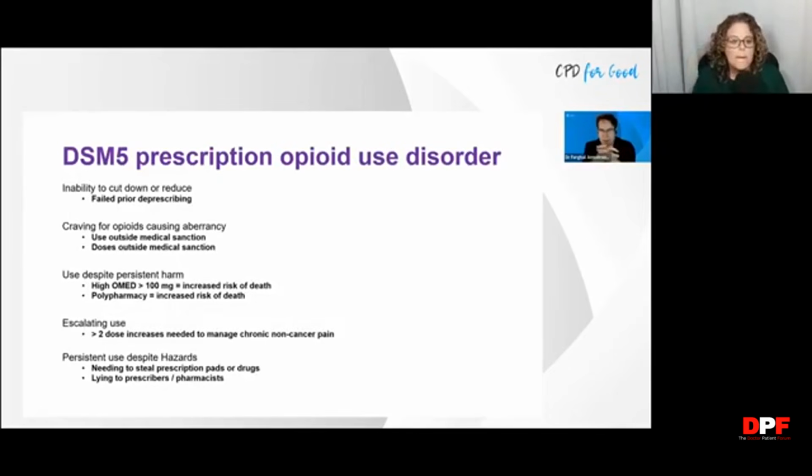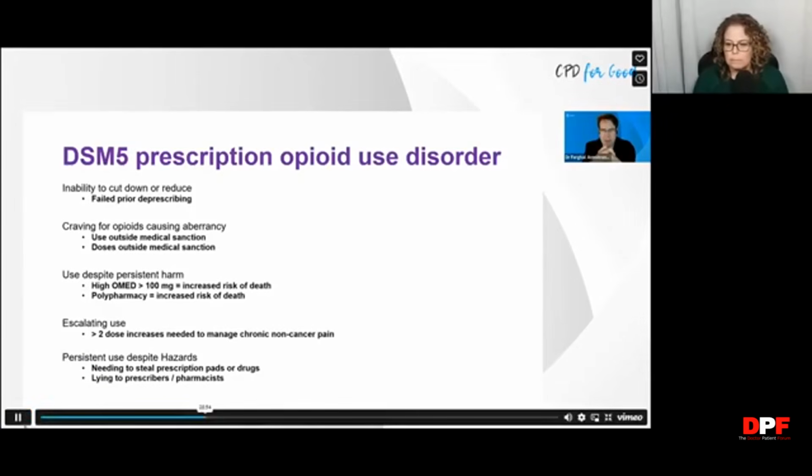DSM-5 requires us to make a diagnosis of substance use disorder. Now, there are 11 criteria, and because you cannot use tolerance and withdrawal to make a diagnosis of prescription opioid use disorder, you can only use the other 9, and you need at least 2 criteria out of the other 9 to get a diagnosis of substance use disorder.